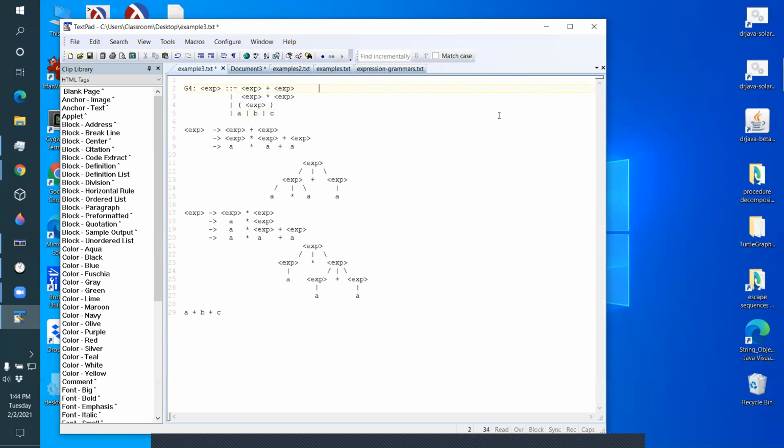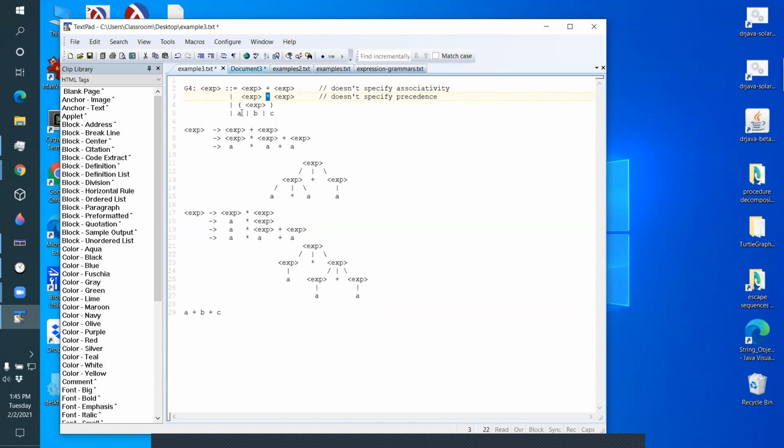This grammar doesn't specify associativity for either operator, and it doesn't specify precedence. We don't know if this has higher precedence or this has higher precedence. We don't know if this is a left associative operator or if this is a right associative operator.